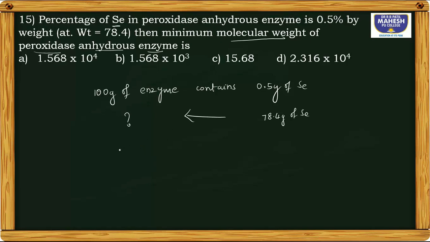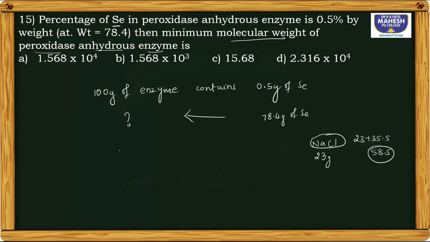I hope that you people are getting it. For example, if I take sodium chloride and say it contains 23 grams, it is the atomic mass of sodium. Automatically it is present in the molar mass of 23 plus 35.5, that is nothing but 58.5. Is that clear or not?